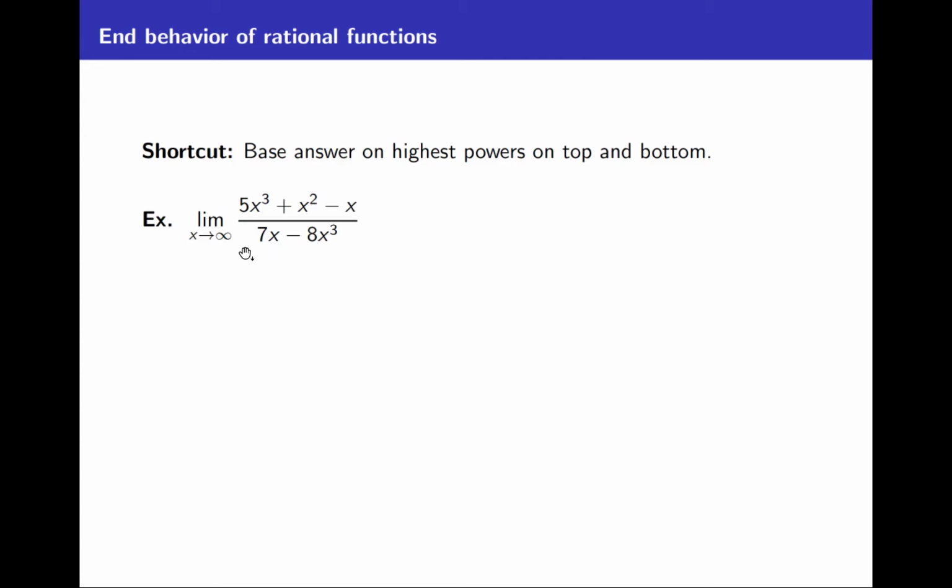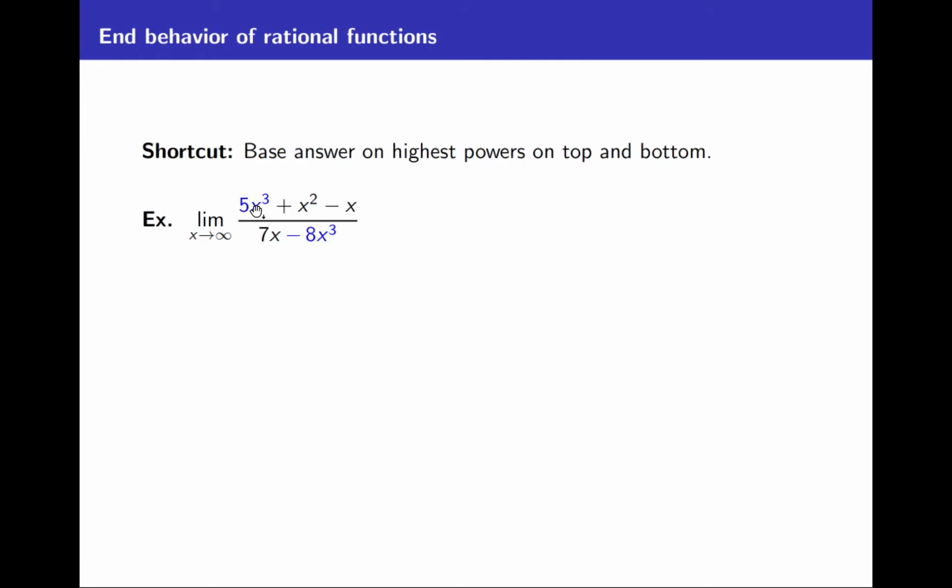But after a while, you'll start to see patterns like this. You've got the limit as x approaches infinity of 5x cubed plus x squared minus x over 7x minus 8x cubed. No matter how you do it, you know to look at the highest power of x that you see. And it's x cubed, the 5x cubed and the minus 8x cubed here.